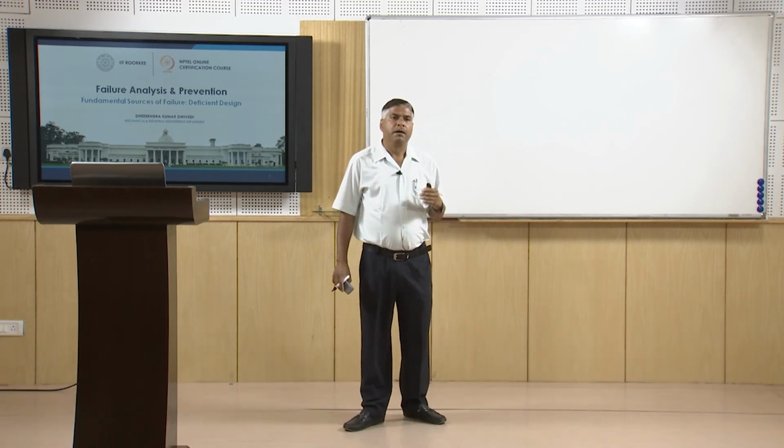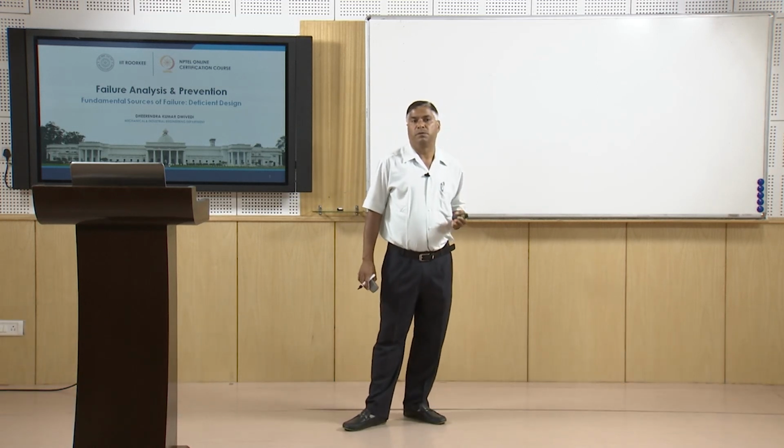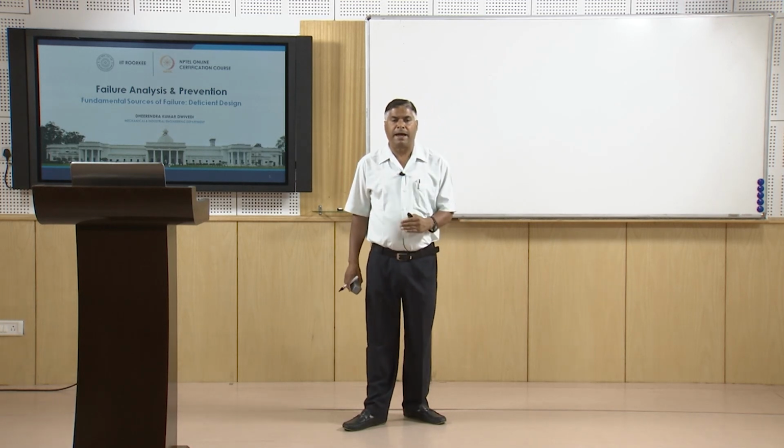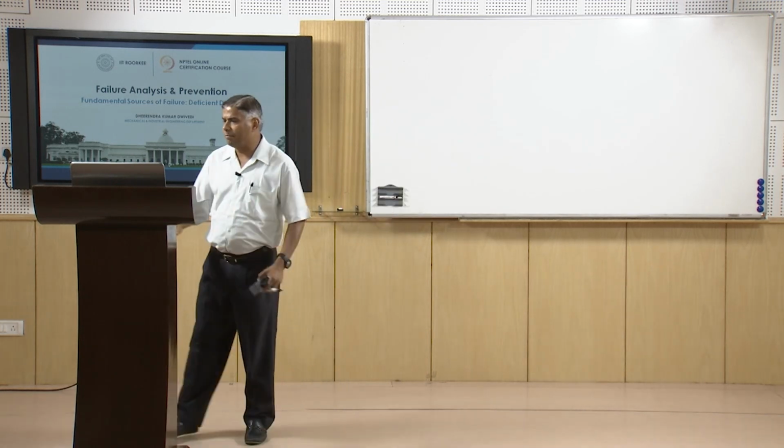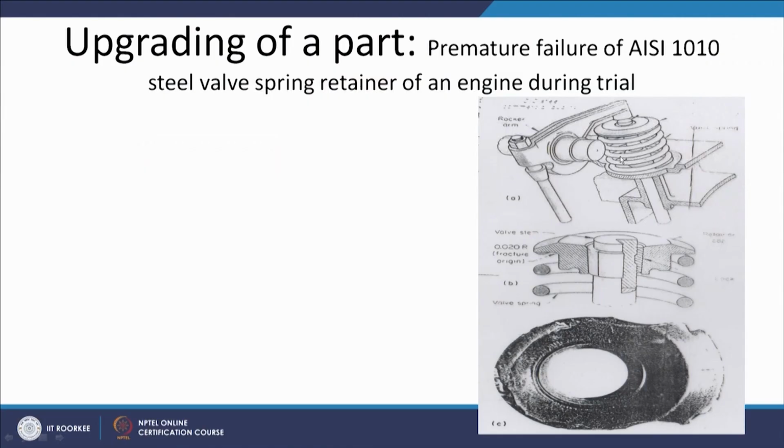encouraged with the very long and successful performance of the spring retainer cap for the automobile, which we can see here in this diagram. What this diagram shows, this is the spring which is used in case of opening and closing of the valves in IC engines, and this spring is retained with the help of this cap.